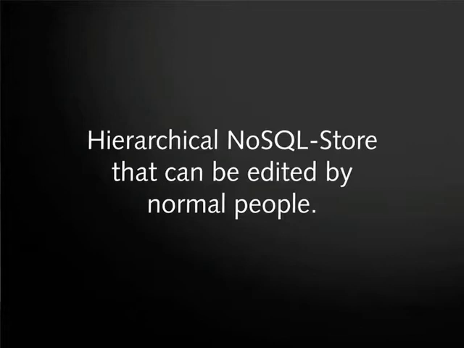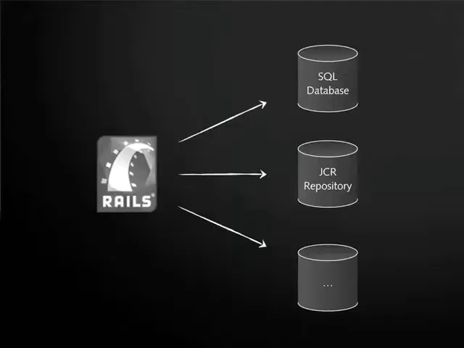So when you're looking at this kind of architecture from a quite distant point of view, we are basically treating Magnolia as a kind of hierarchical NoSQL store that can be edited by normal people. And that way, the CMS itself is pretty much abstracted from the development process.